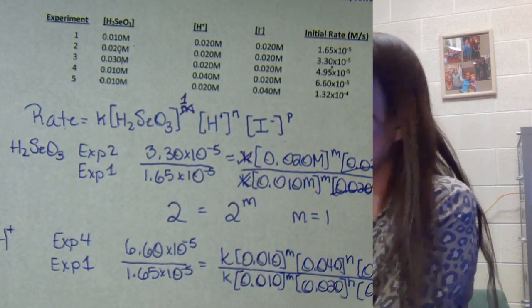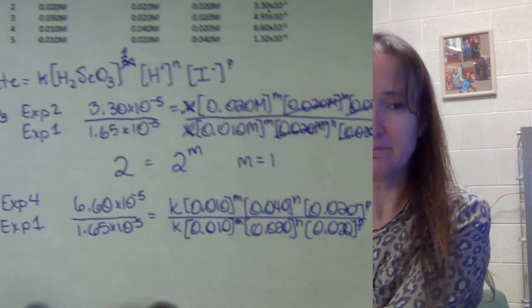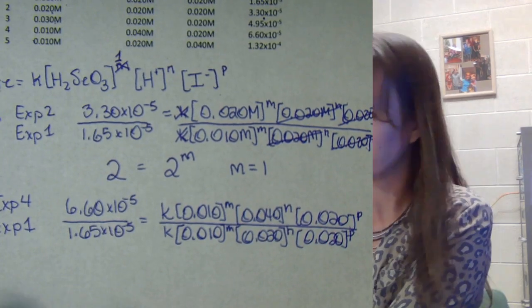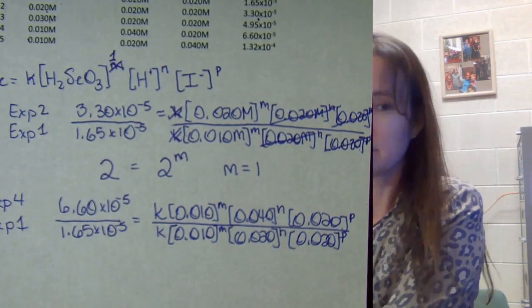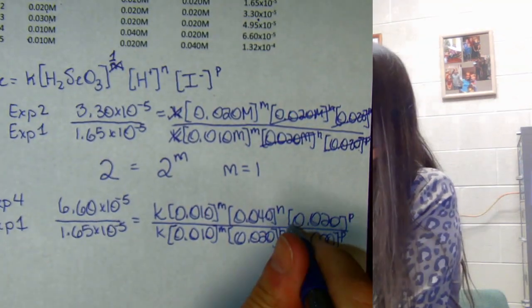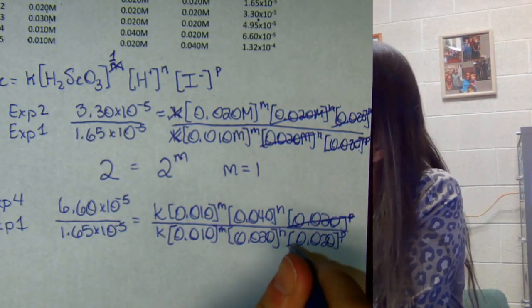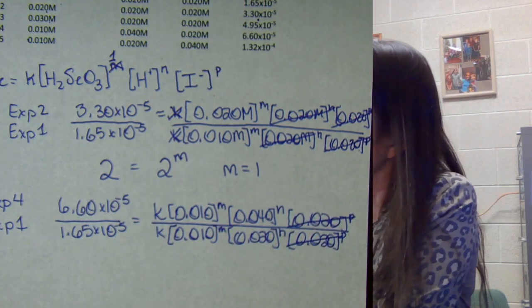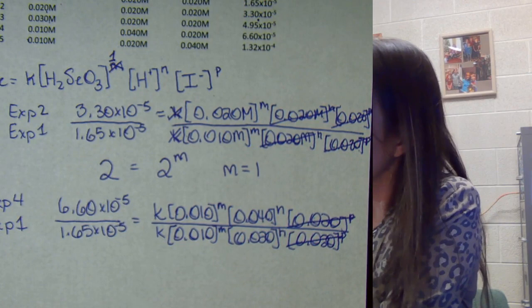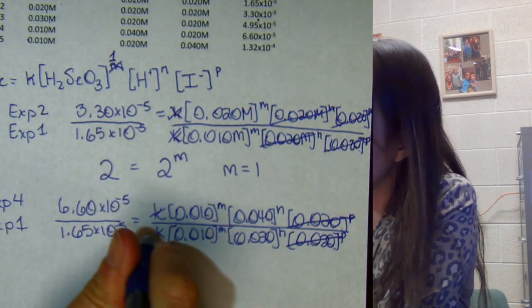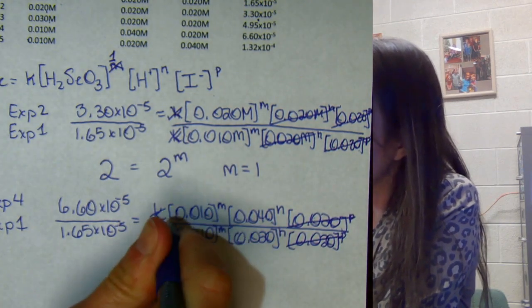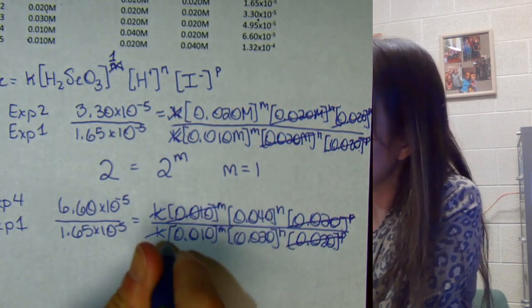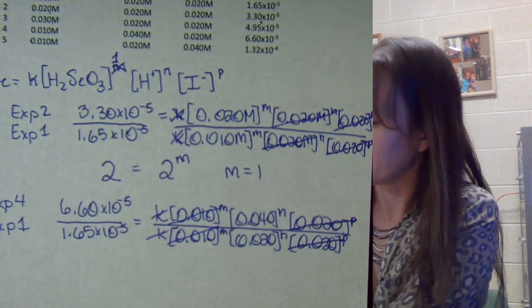So we can cross out things that are identical on top and bottom. The 0.020 to the P is on top and bottom. The K is on top and bottom. And the concentration of H2SeO3 is on top and bottom, identical.